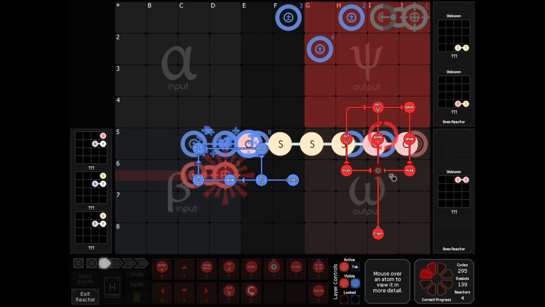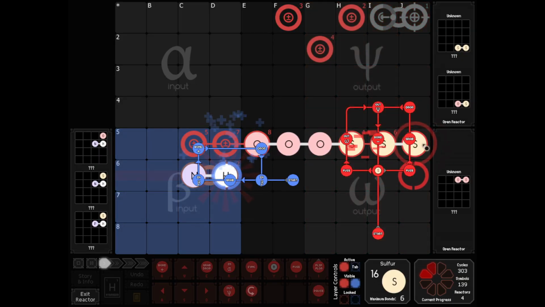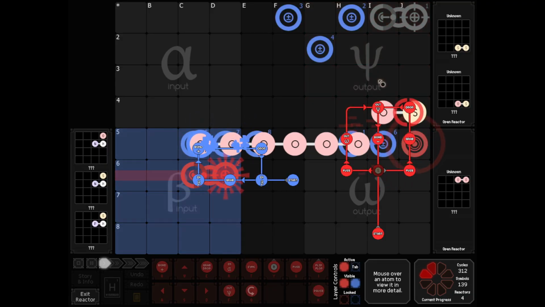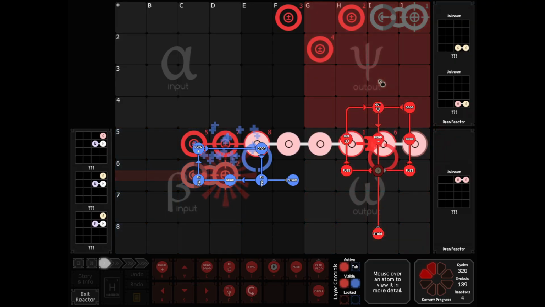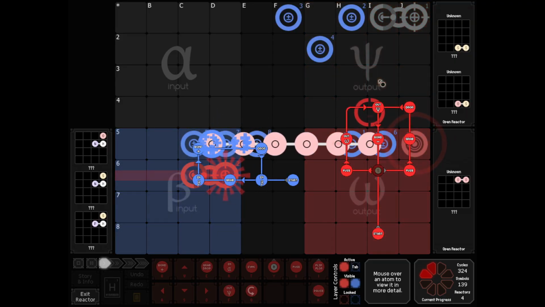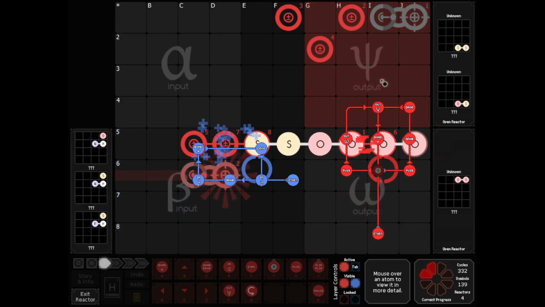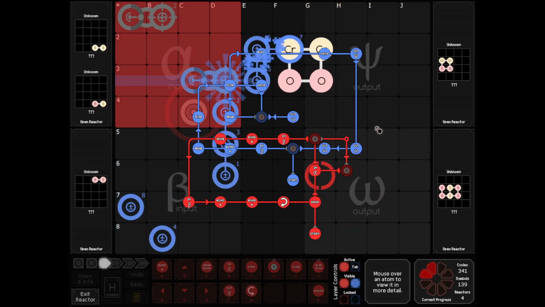So the oxygen gets moved to the bottom, and anything that contains at least one sulfur gets moved to the top. Yeah, so this is pretty clean. Let's move on to the next reactor.